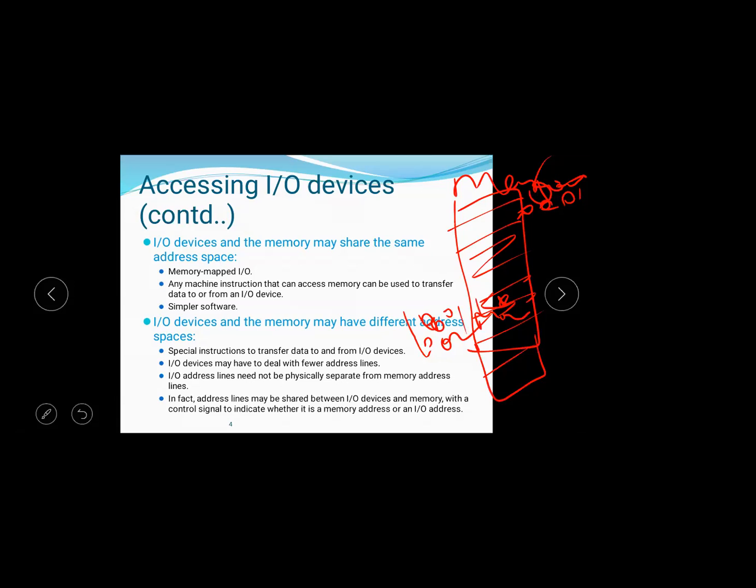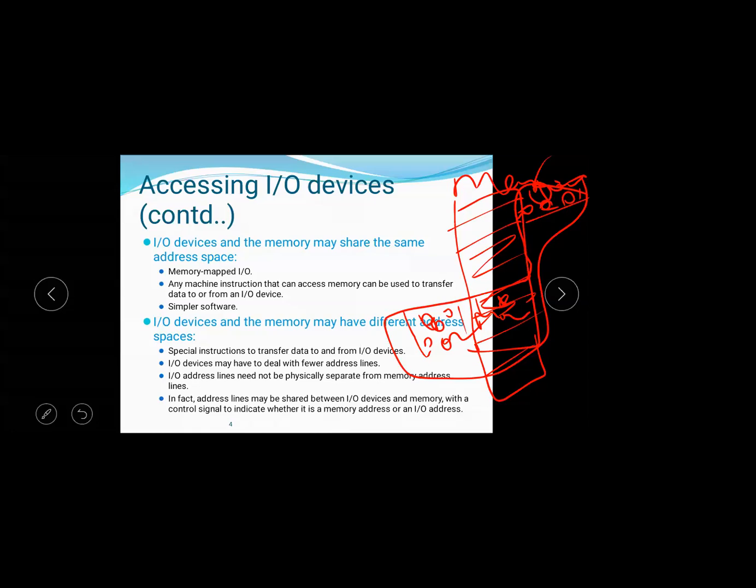That means the address space for the memory unit as well as the address of the device register are all combined. The same address space, we have given the addresses to both memory and IO devices.